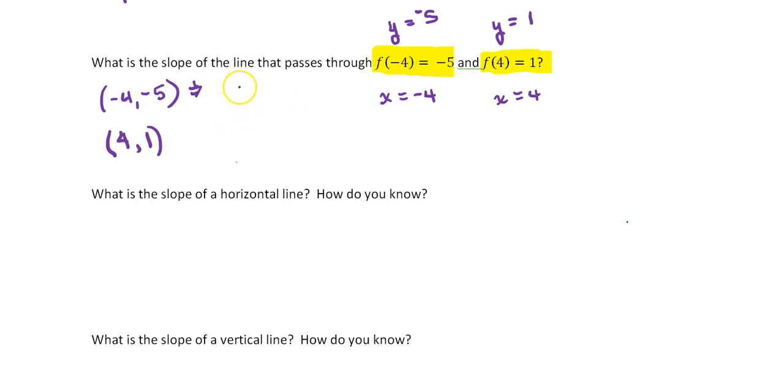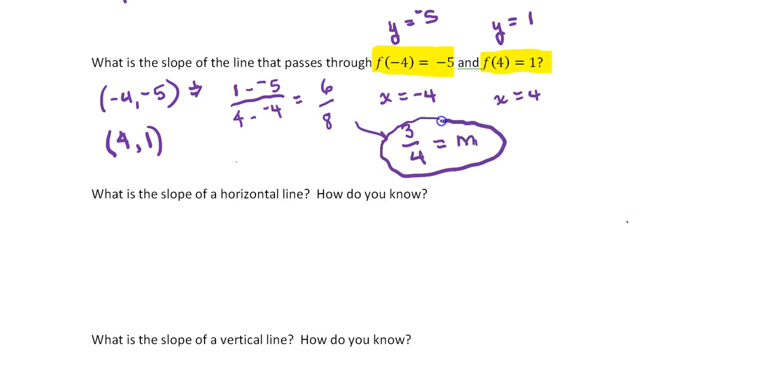I'm going to have 1 minus a negative 5 all over 4 minus a negative 4. So I'm going to have a 6, because that becomes a positive, over 8. And the 6 over 8 can reduce to 3 over 4. So my slope is going to be this right here, 3/4.